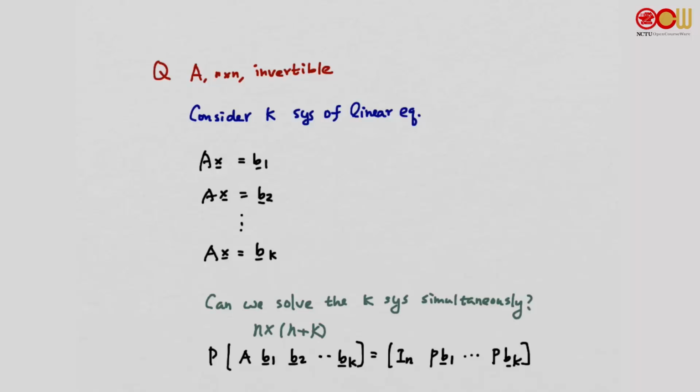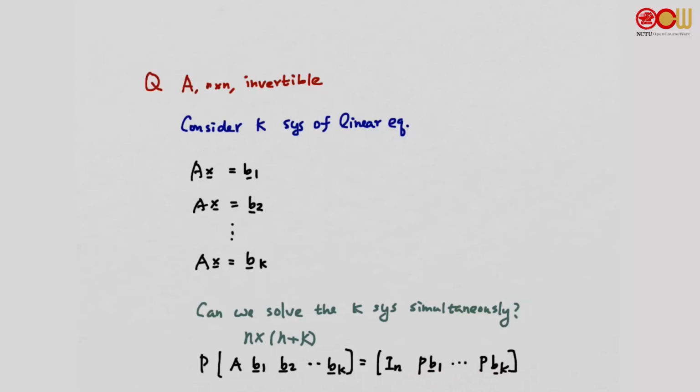Okay, and now we apply Gaussian elimination on this augmented matrix. So P will represent the elementary row operations we apply on A to get the reduced echelon form, which is the identity matrix because A is invertible. And on the right hand side, what we will get, the remaining part of the matrix, will be PB1 all the way to PBK.